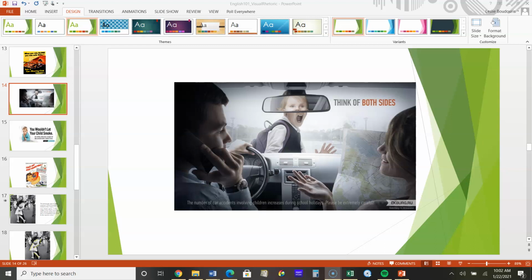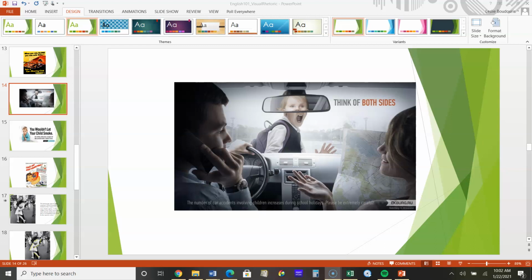It's been that long. But for this image, you want to ask yourself who the audience is and what the purpose is. A lot of times my students will say the audience is drivers or parents. For drivers, the purpose of the image is to persuade people to pay attention when they're driving. For drivers, that's really anybody: pay attention to the child in front of you, if there is one, in the street.